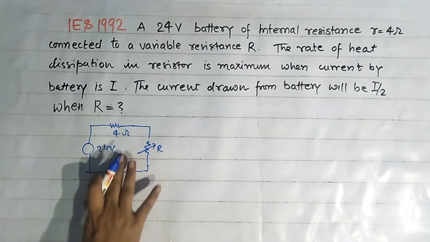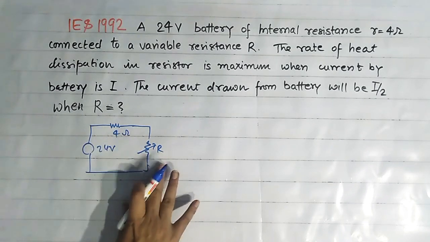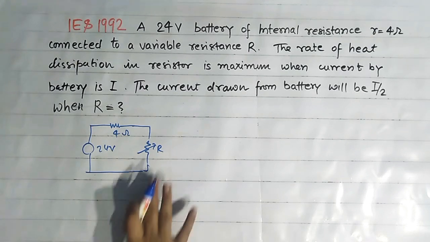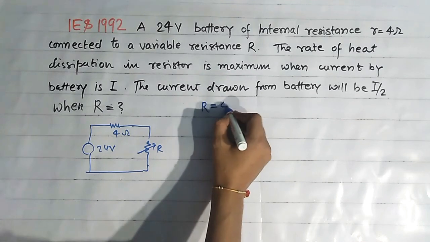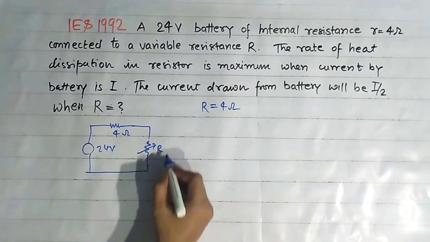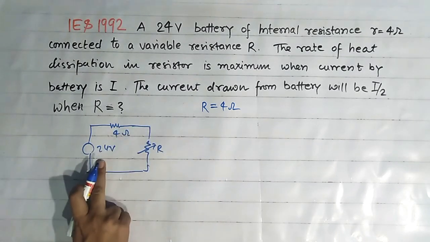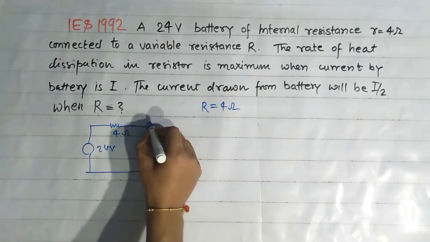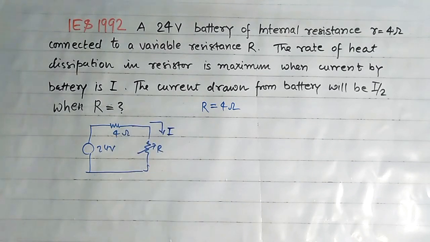Now the rate of heat dissipation in the resistor is maximum when the current through the battery is I. Heat dissipation is maximum when there is maximum power transfer from this voltage source to this variable resistance, and power transfer is maximum when this resistance R is equal to the internal resistance 4 ohm. And suppose this is the current I when power transfer is maximum.